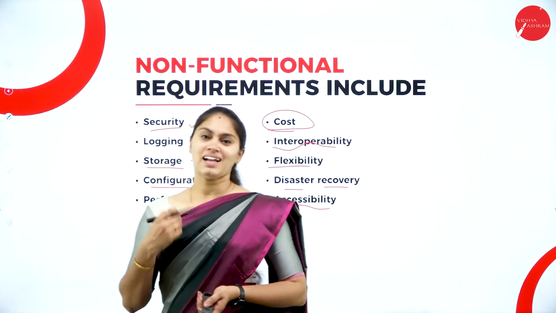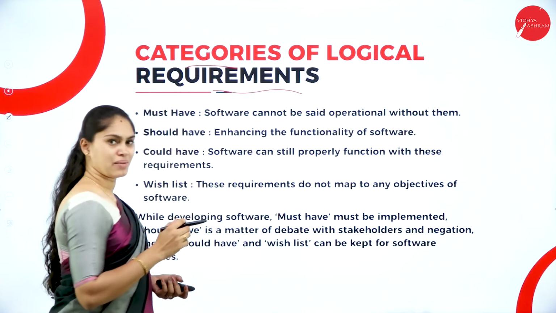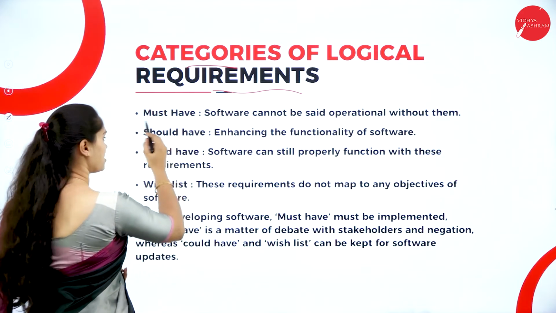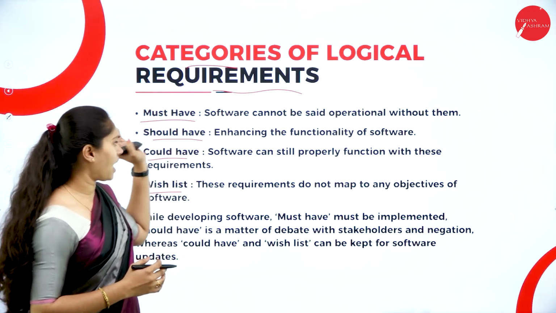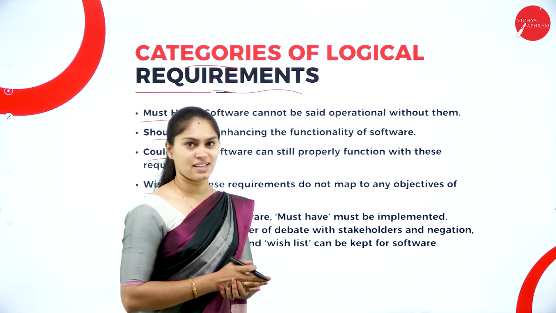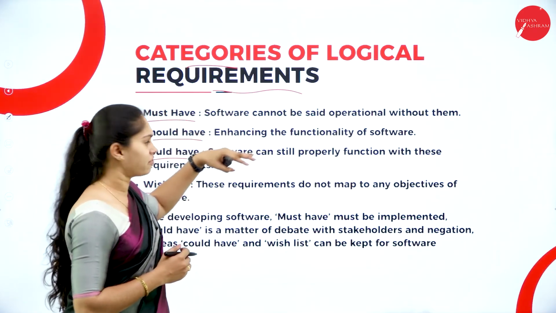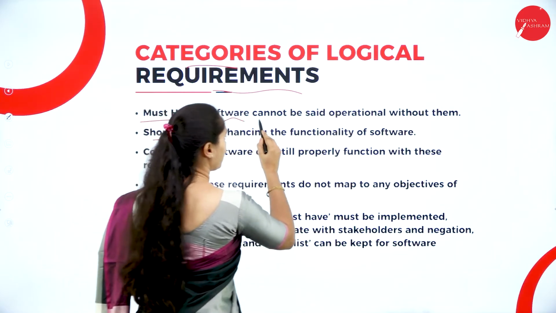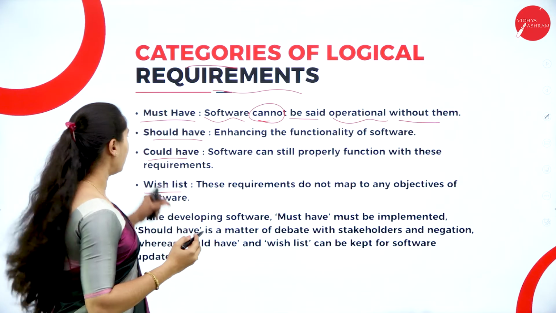So now we'll see another topic, that is categories of logical requirements. Sometimes what we use can be must have, should have, could have, and a wish list. Here we have a certain number of requirements for a software. If we say logically that a requirement is must have, then the software cannot be said to be operational without it.